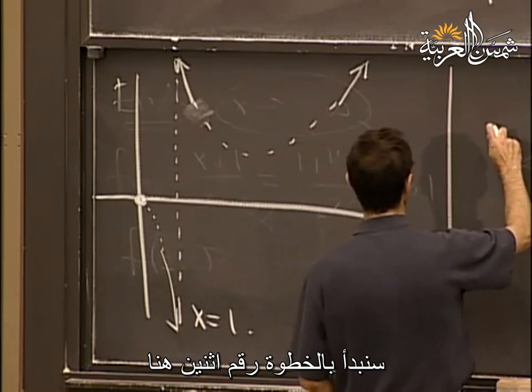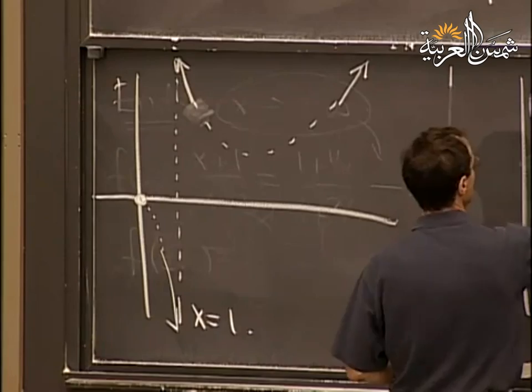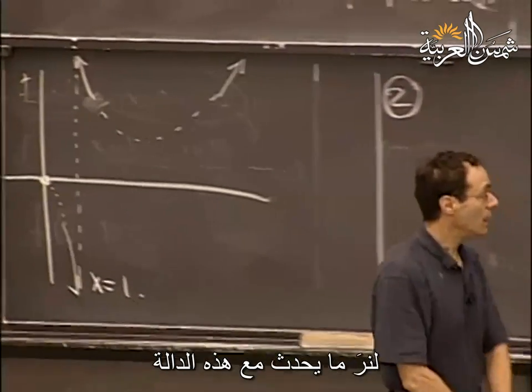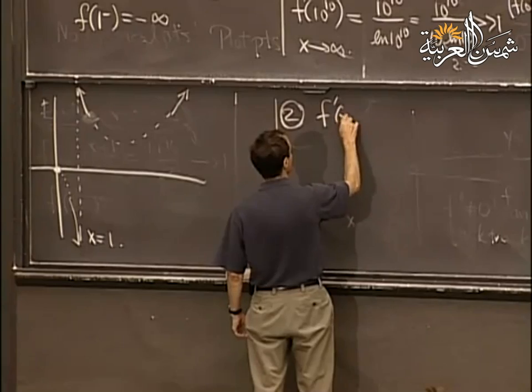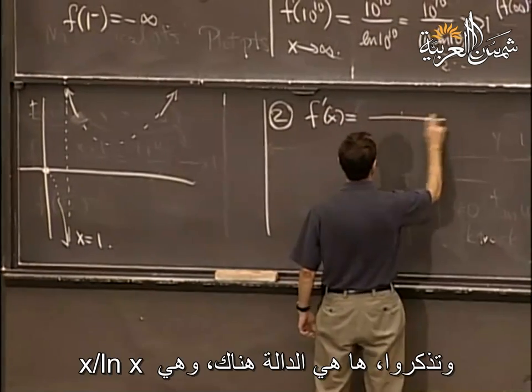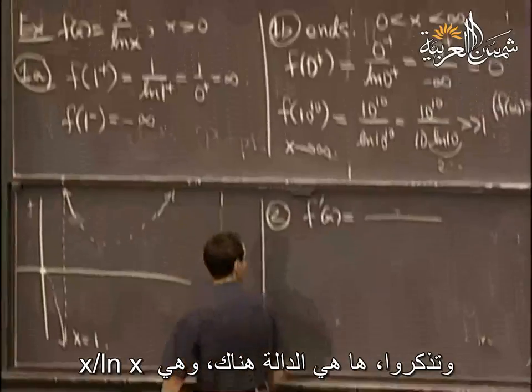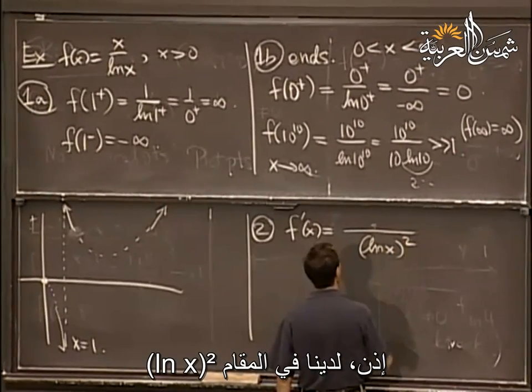We can do our step 2 here. I'm going to leave a little bit more room here and see what's happening with this function. So I have to differentiate it, and this is the quotient rule. Remember, the function is up here, x divided by log x. So I have a log x squared in the denominator.